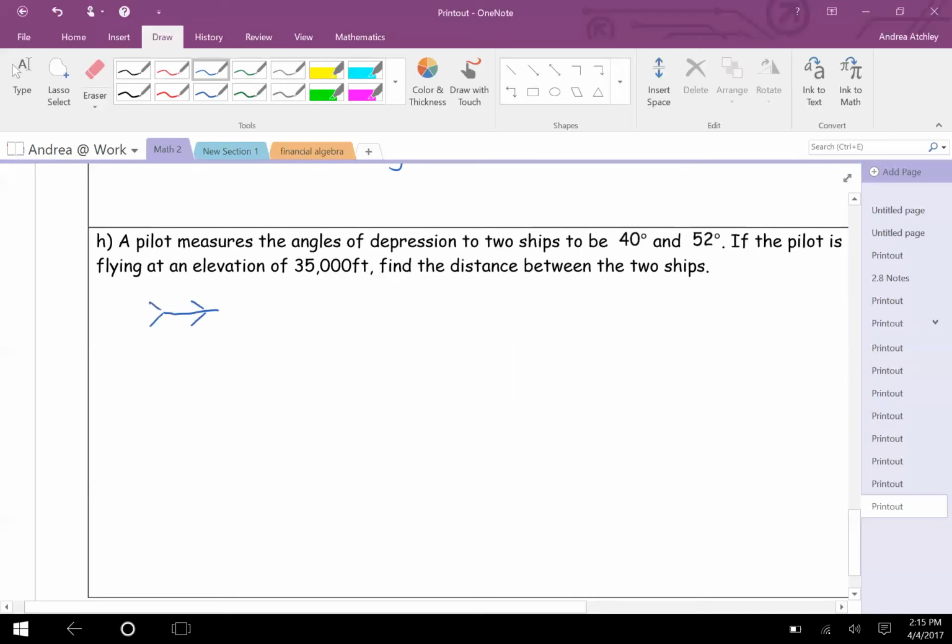Or an airplane, right? Okay. And then we're going to draw some boats. And then there's another one over here.